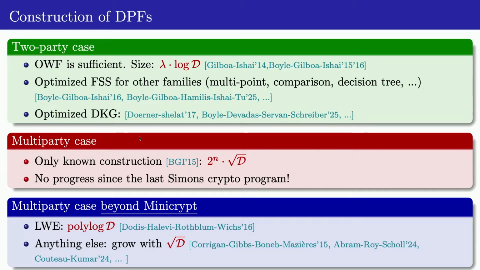But interestingly, besides LWE, I don't think there's any work that can get beyond square root of d. There are some recent works in the context of getting sublinear MPC, where you get different levels of sublinearity. Some might not be as good as root d, and some maybe work even with a fixed number of parties. But yeah, that's basically how things are right now.